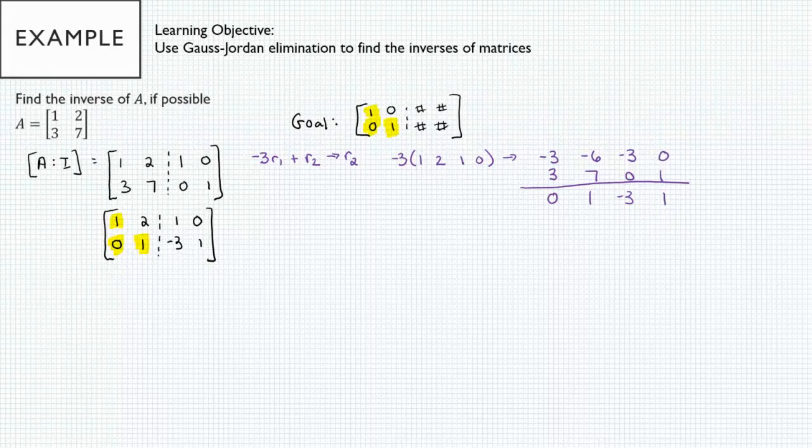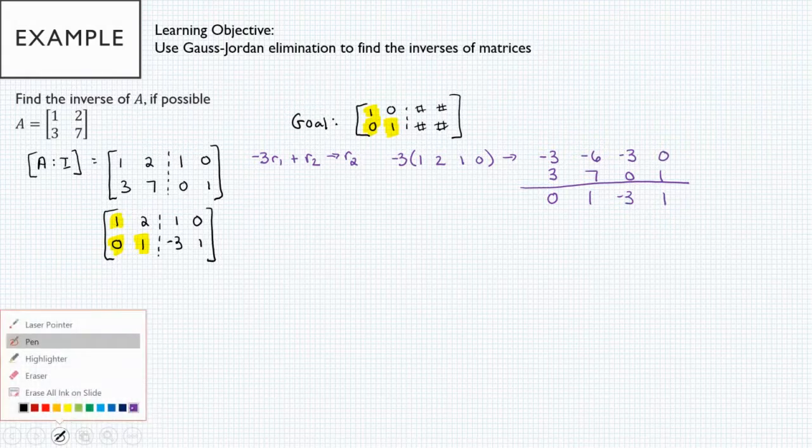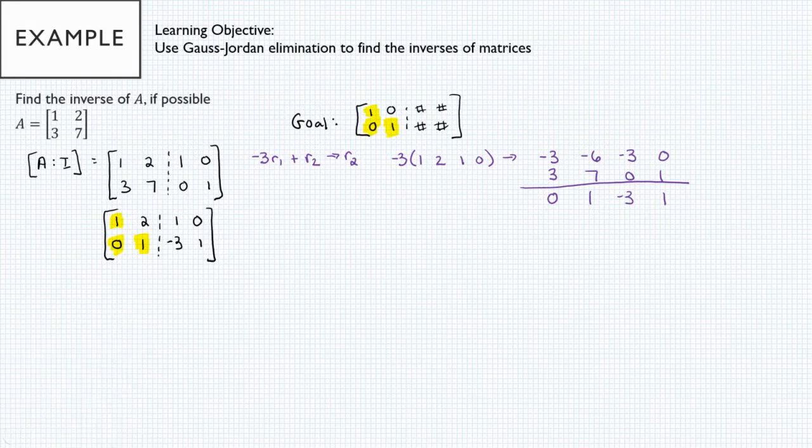So to get to that 0 in the top right, what I'm going to do is take my second row, multiply that by -2, and then add that to the first row. I'm replacing the first row with that, because I'm trying to get rid of that 2.